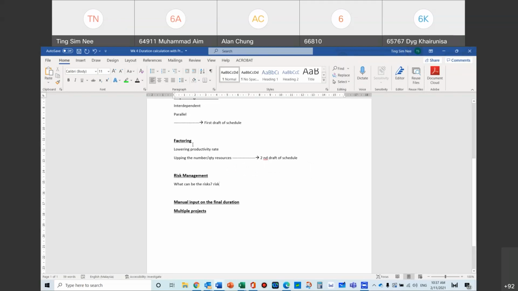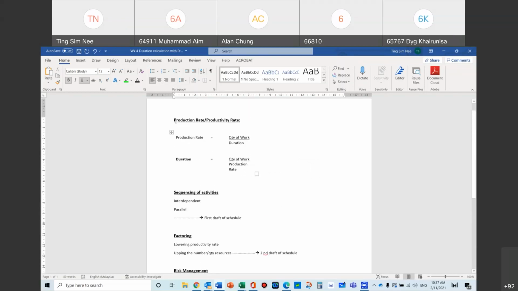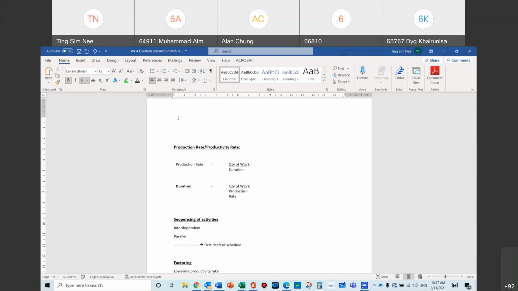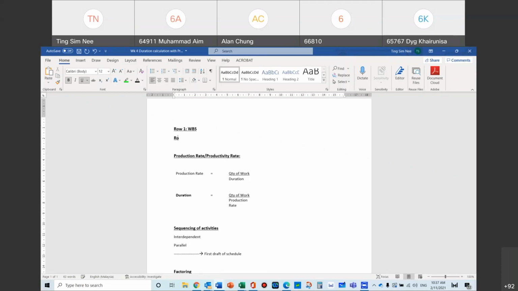If this is the 5th row, so let's say my schedule, row number 1, you have your work breakdown structure. Row number 2, you have your resources.